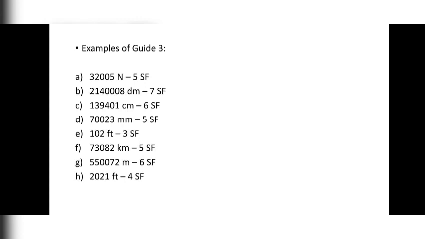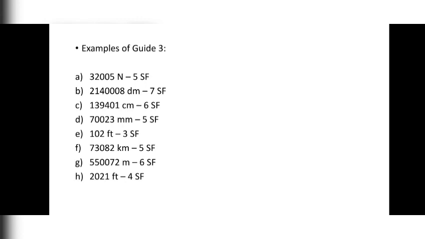For letter E, we have 102. So it's got to be 3 significant figures because there's only 1 zero between them. For letter F, we have 73082 kilometers. There's only 1 zero between 3 and 8, so it's got to be 5 significant figures.